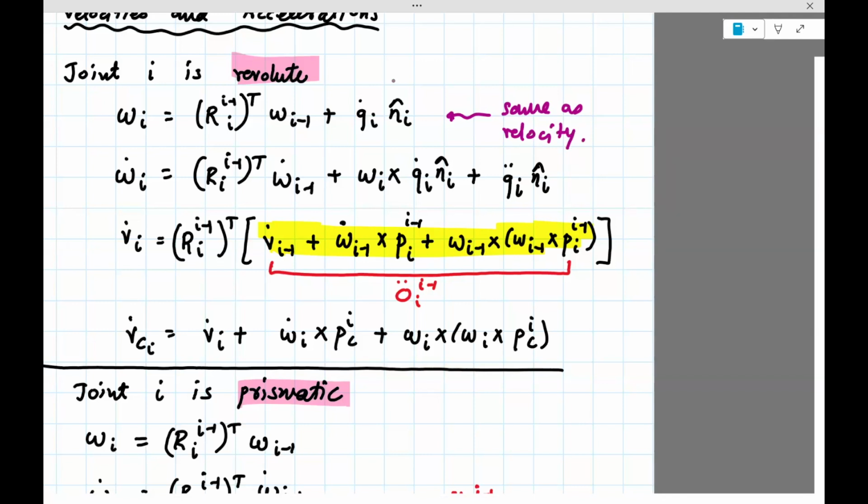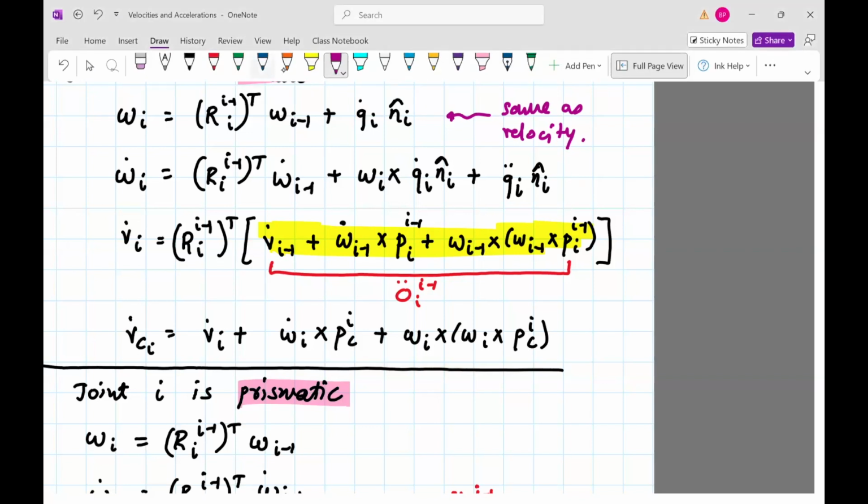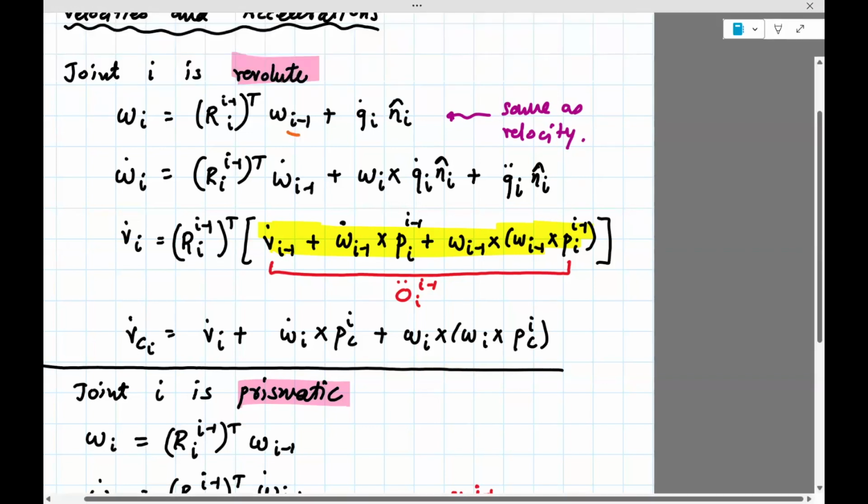It basically relates the angular velocity of frame i minus 1 with that of frame i, given the joint degree of freedom or qi dot. And then what you need to do in order to find the rate of change of omega i is take this expression and take its derivative. You can see that if you take the derivative of this part, you get omega i dot, but then there's the chain rule, so you need to take the derivative of this part.